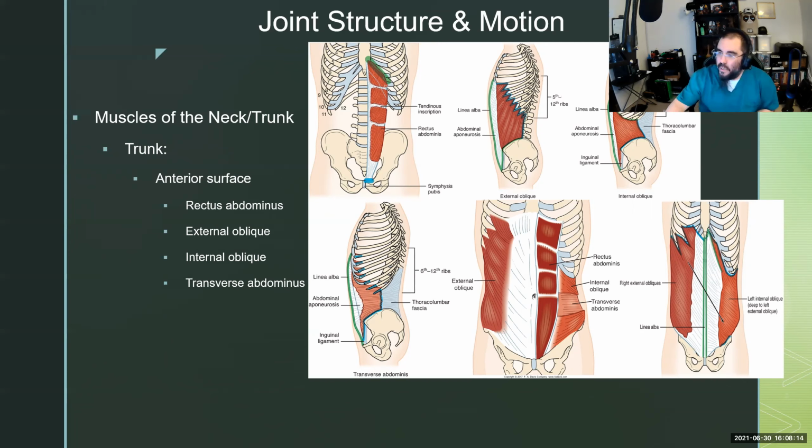The main one we're going to talk about when we talk about low back problems and back pain is the transversus abdominis. We can have a super strong rectus abdominis and still have back pain because the transversus abdominis isn't strong enough to hold the girdle of your belly in.